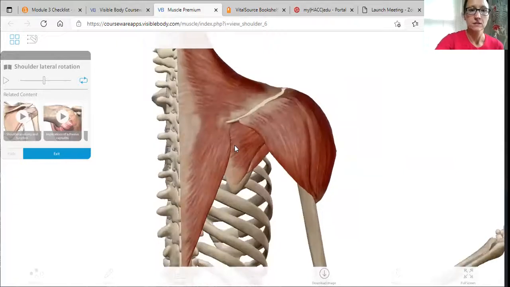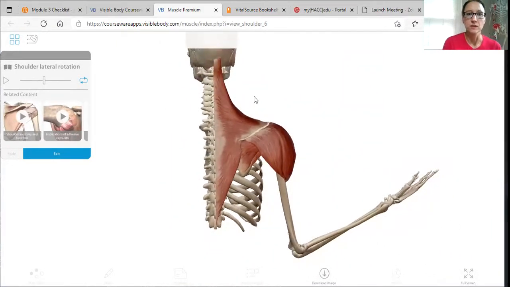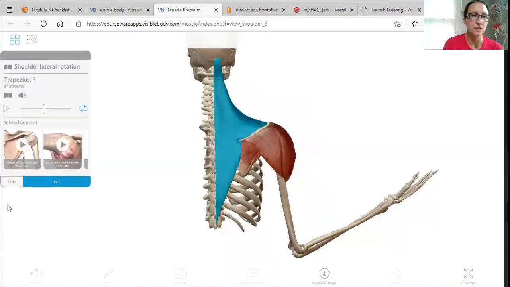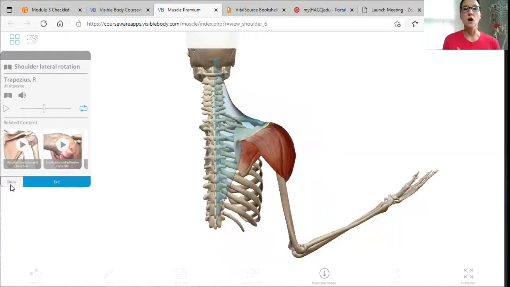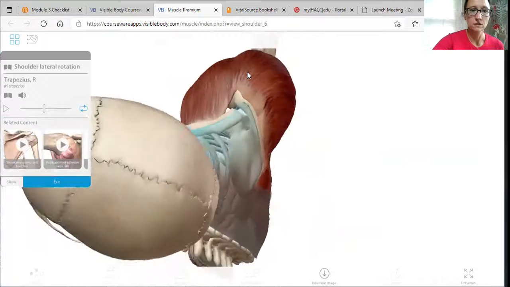Now, let's make him a little smaller. Oh my goodness, he's pretty small here. And I'm going to take trapezius and I'm going to fade him out, okay? Because I want to talk about the attachment points for the origin. So right here, let me make that bigger and then whoa, Nelly.